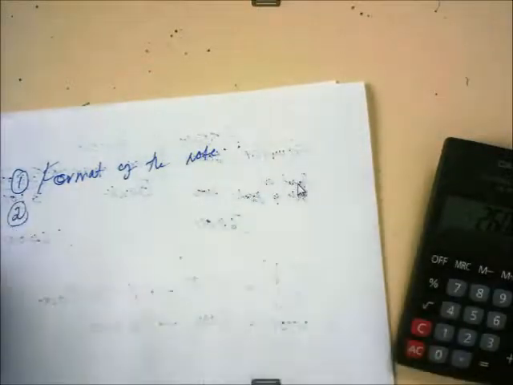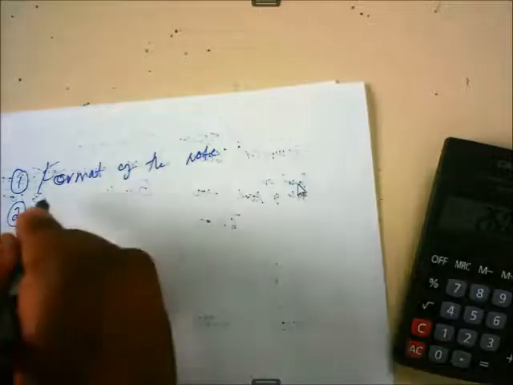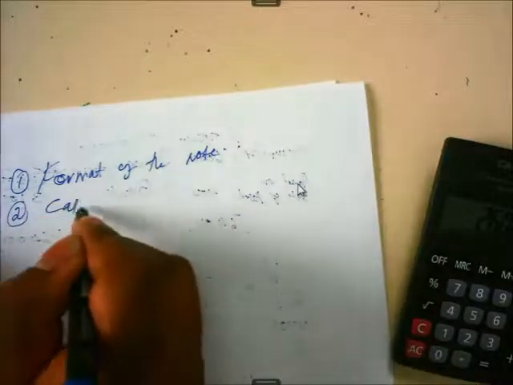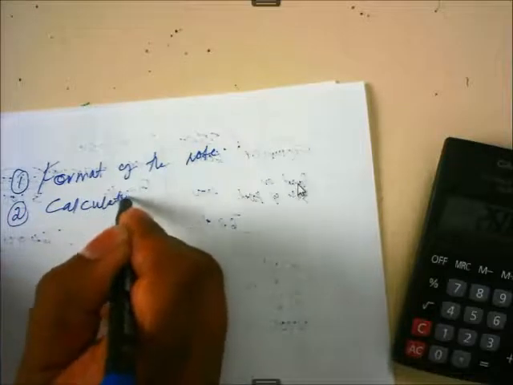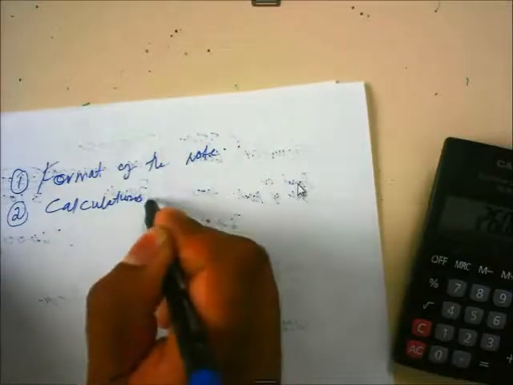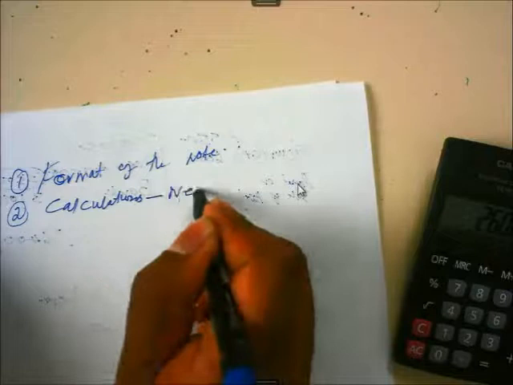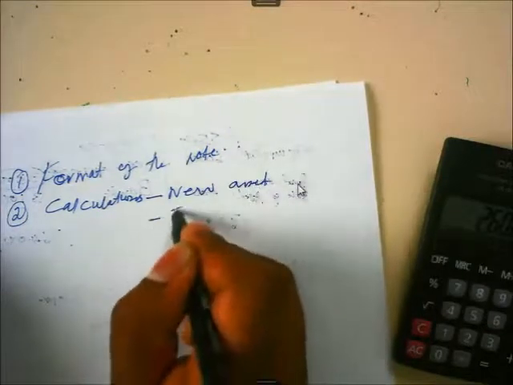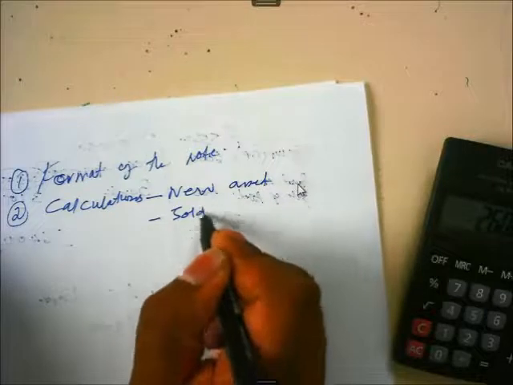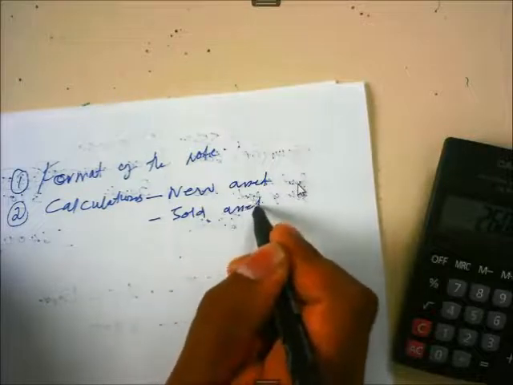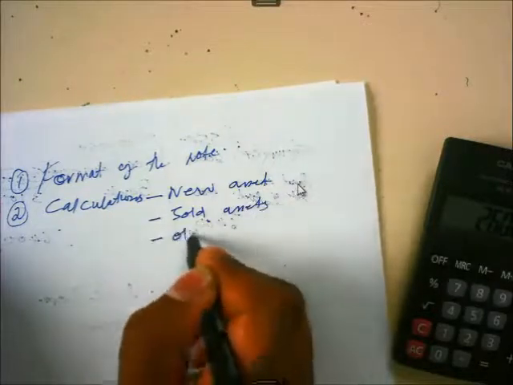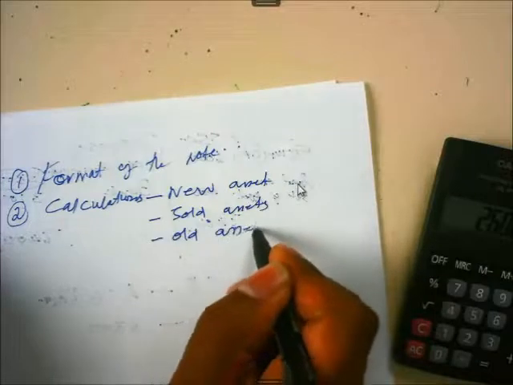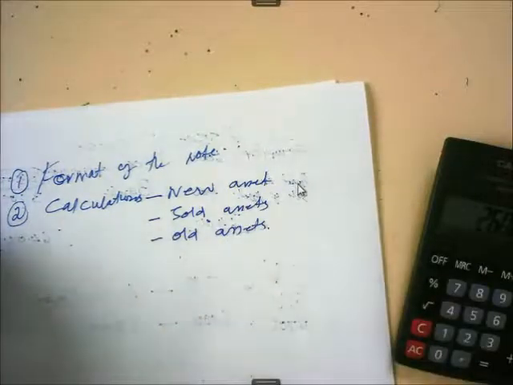Two, when making calculations, always separate between the new assets, the sold assets, and the old assets.